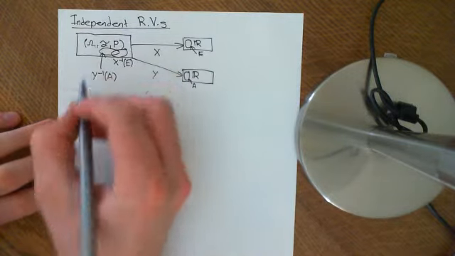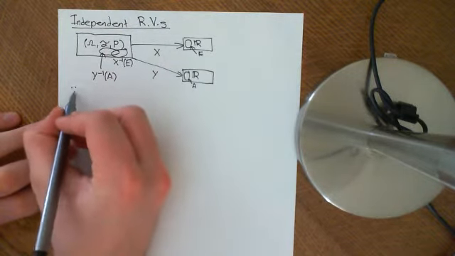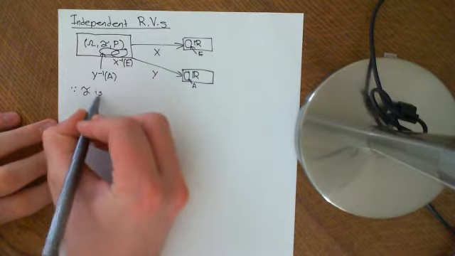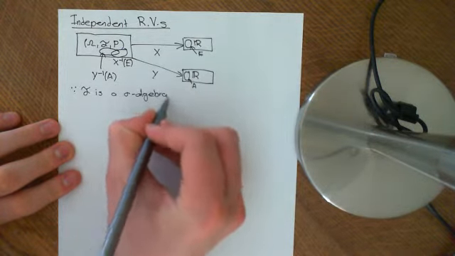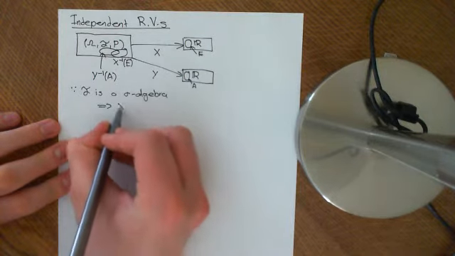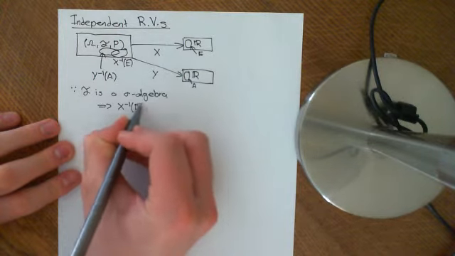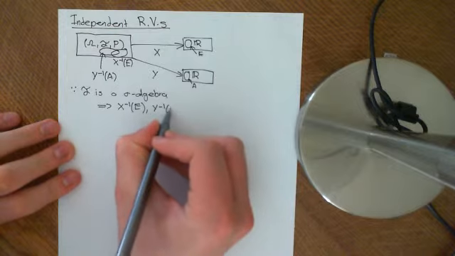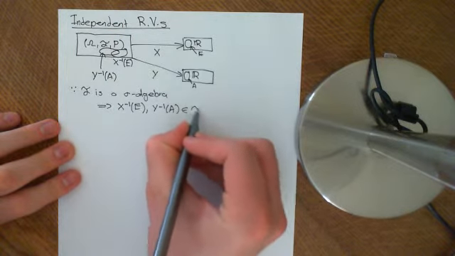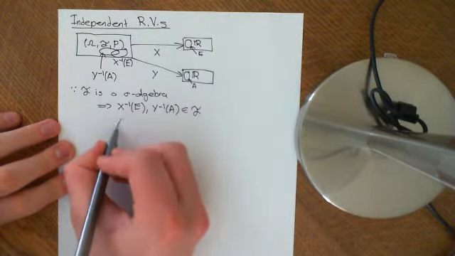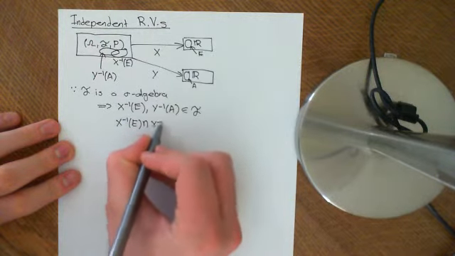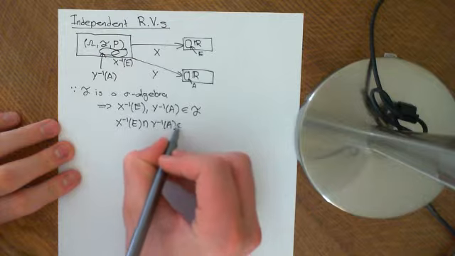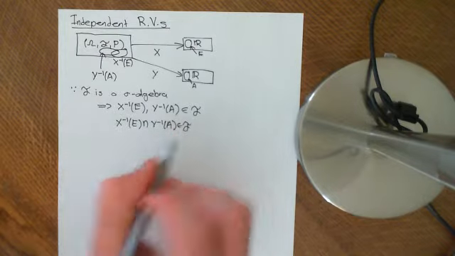Since F is a sigma algebra of subsets, if x inverse of E and y inverse of A are both elements of F, then their intersection, x inverse of E intersect y inverse of A, is an element of F, which means we can ascribe a probability to it.